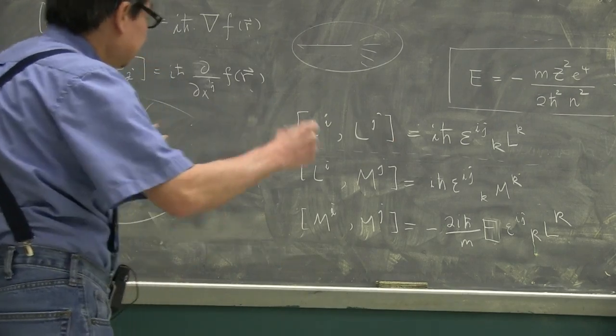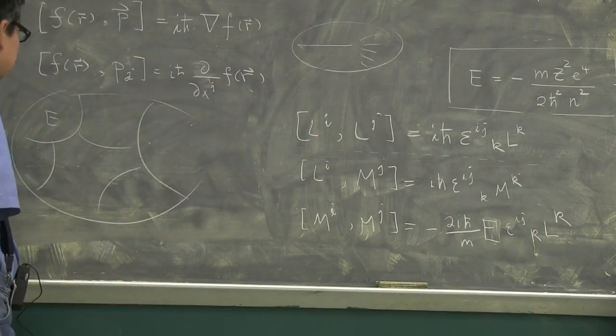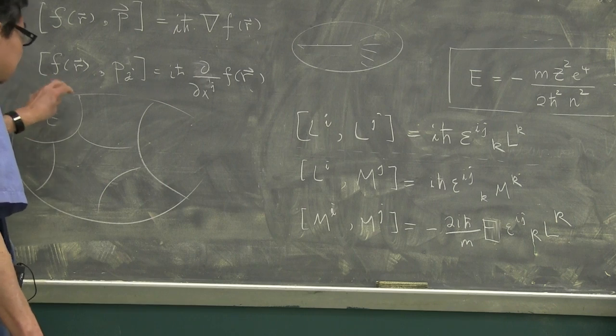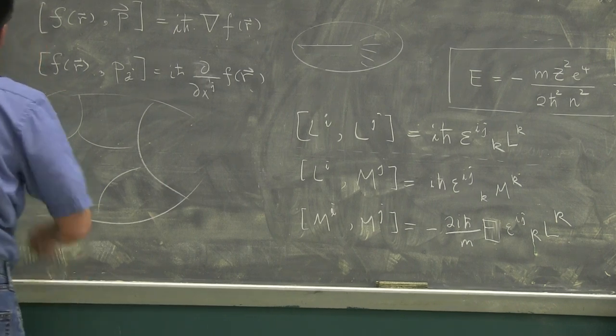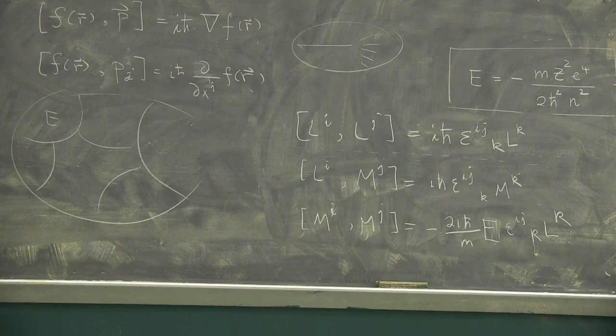And all the operators, L and M's and H's and so on, are supposed to be operating on just the vectors in this particular subspace. So if V is a vector in that subspace, there's a particular eigenvector of the Hamiltonian in that subspace corresponding to a particular energy eigenvalue.